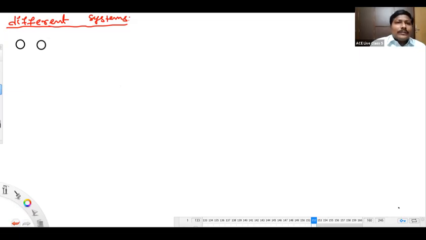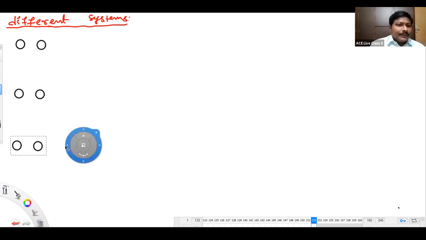A1 and A2 will have some less gap between them. And the same phase B I will repeat below. Phase B I have repeated here, and then phase C also I have repeated here. This is one system. System number 1, you can call.